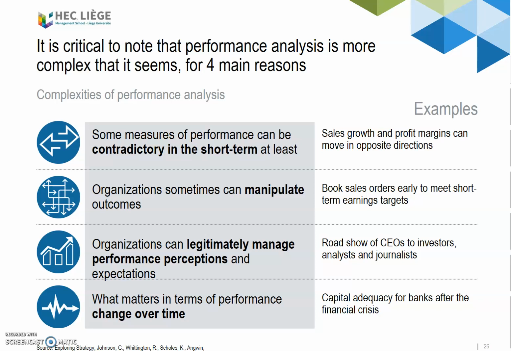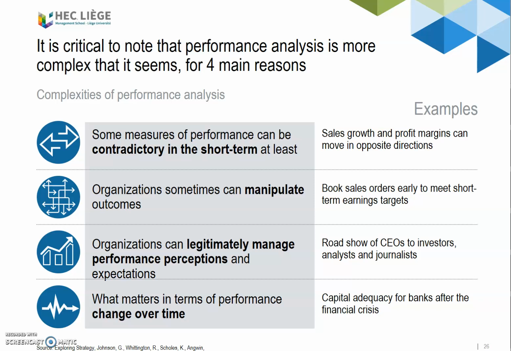Yeah, and so I said it's basic, but sometimes, of course, it's more complex than what it looks. Sometimes you can have contradictory elements between the long term and the short term. You can boost sales in the short term, but at the expense of your margin in the short run, because you need to invest. Of course, there may be problems of manipulation of data.